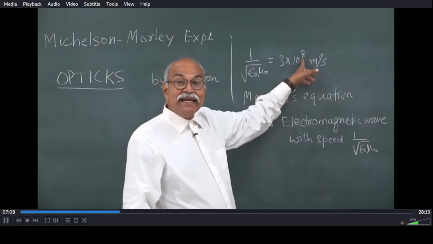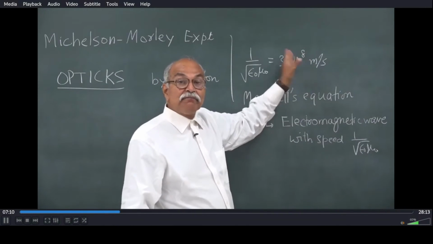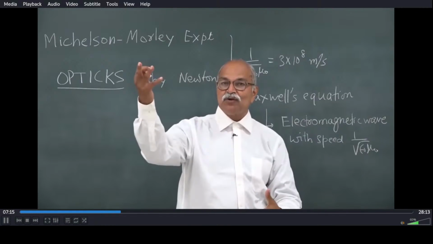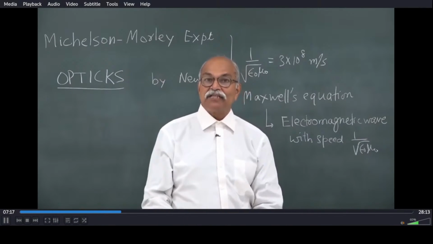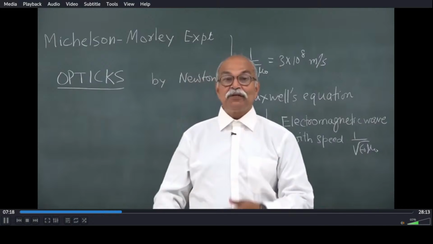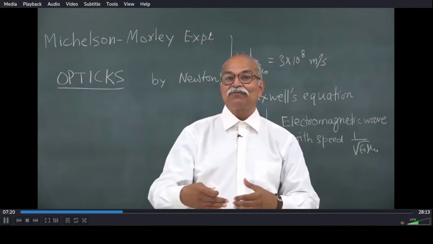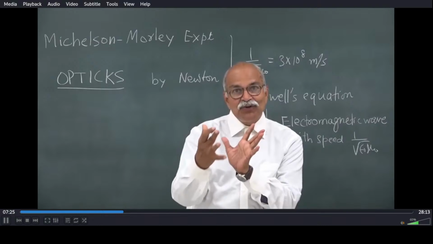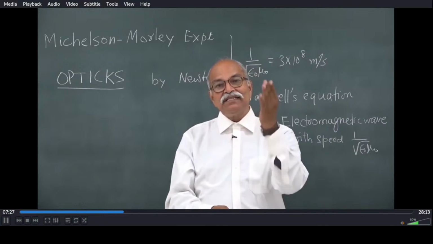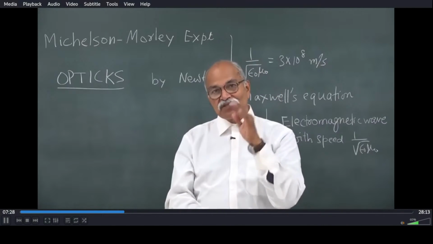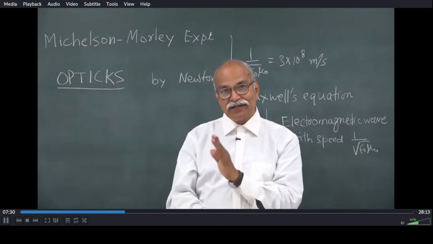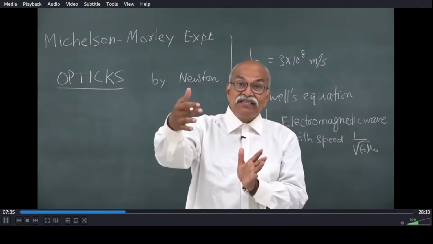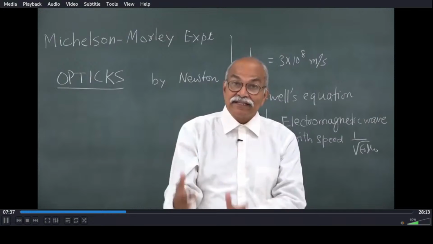But if the speed is this much, with respect to which frame? So when I say speed of sound is 332 meter per second, with respect to what? With respect to air in which this sound is propagating. Is the air which is carrying that sound wave, and the speed of sound is 332 meter per second at 0 degree Celsius in a frame in which that air is stationary.